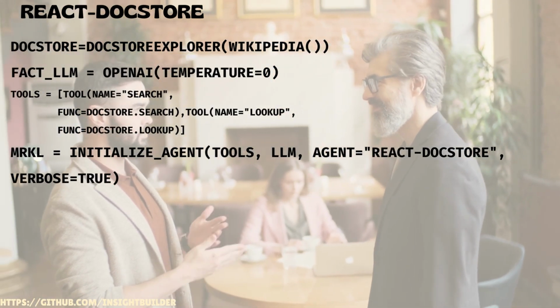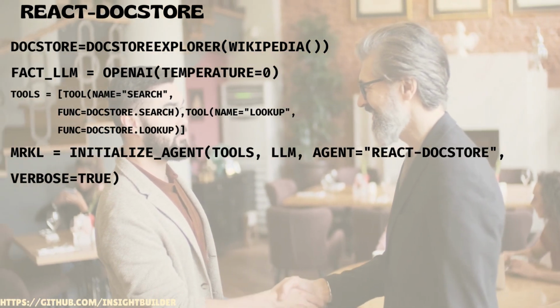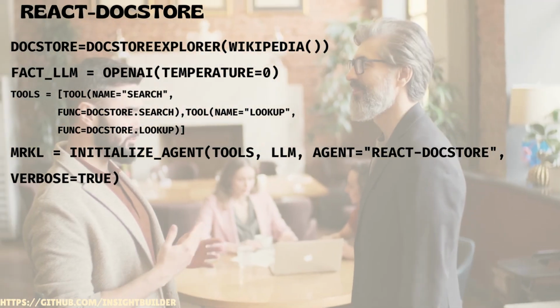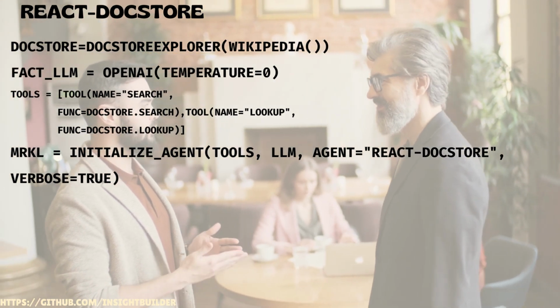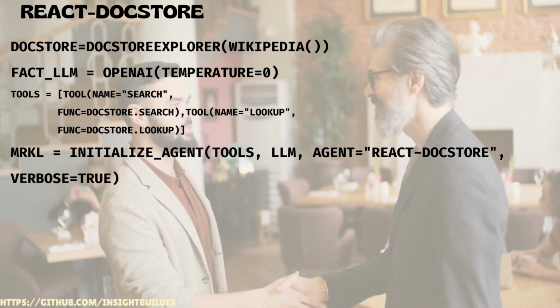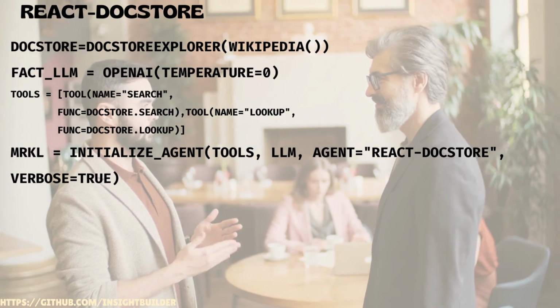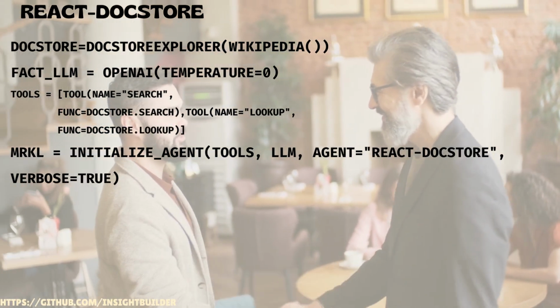The React Doc Store. Doc store, in the case of large language models, is the data files or the data sets that we have; we can put them in the vector DB doc stores. Or in fact, we can create doc store explorers by using the DocstoreExplorer class here, and we can import it from Langchain.